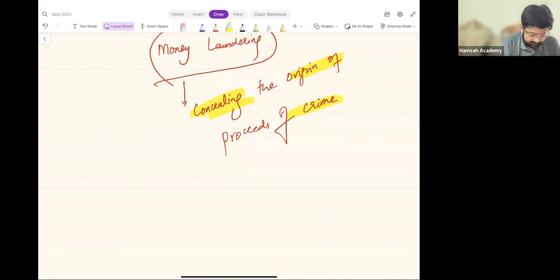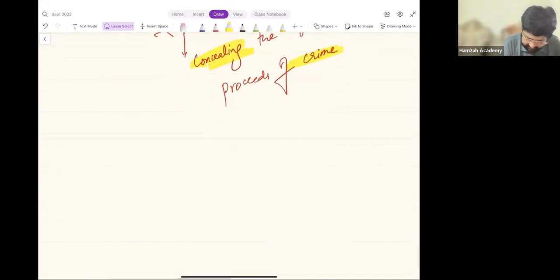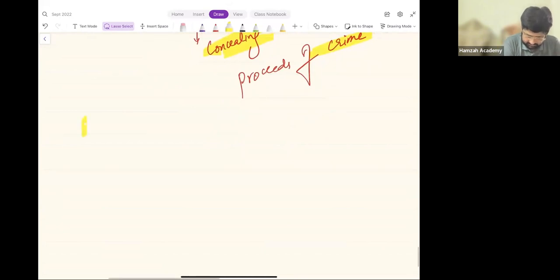Now, let us proceed further. Students, the topic is steps in money laundering.